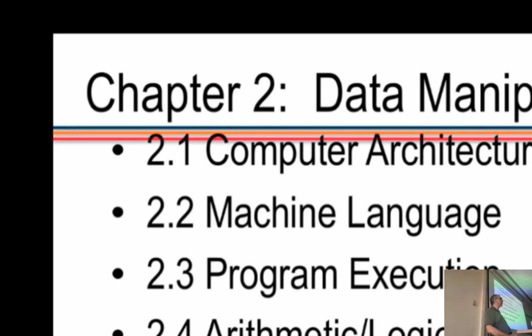So today, our topic is a little more interesting. We will be talking about the computer architecture, the general computer architecture, and we will be introducing the machine language. I have uploaded a VizMachine simulator file yesterday.